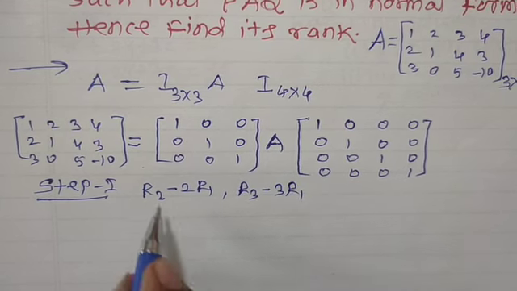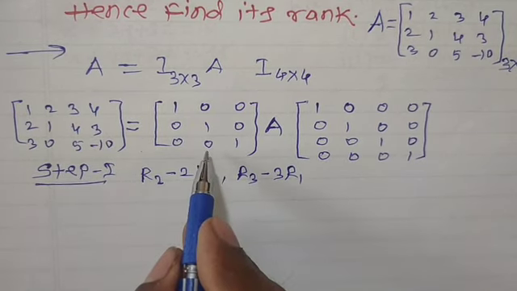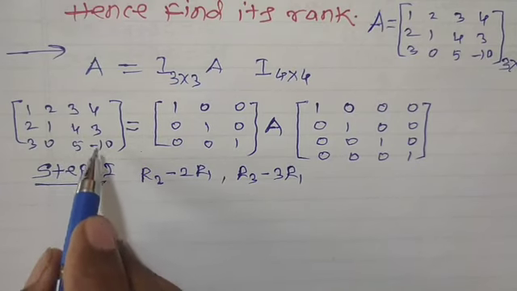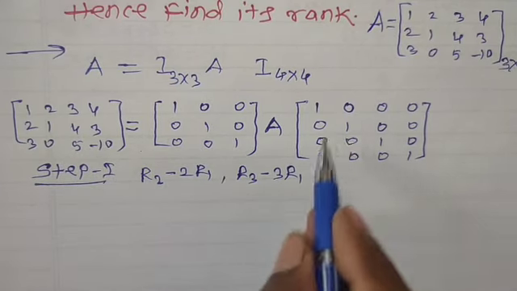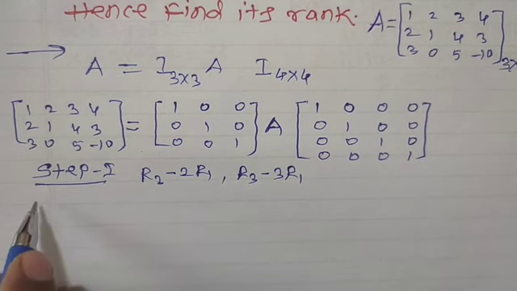Applying these row transformations, this matrix reduces to, and same row transformations you have to apply on this matrix. If we apply column transformations on this matrix, same column transformations you have to apply on this matrix.